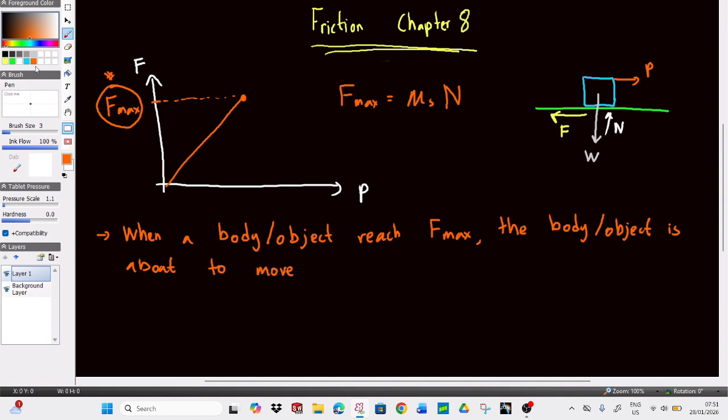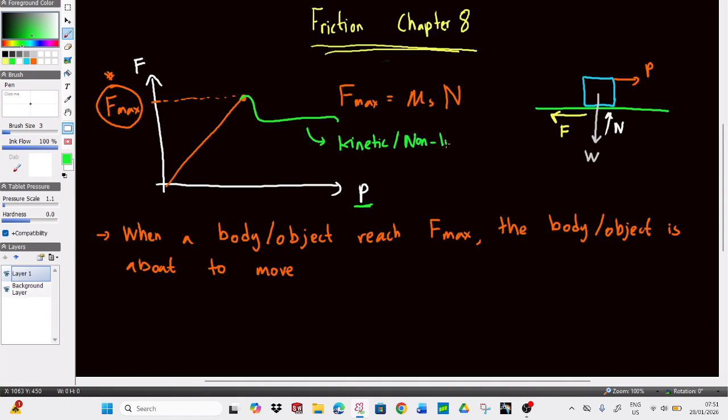As you've seen before, if you keep applying more and more of P, we've already seen the non-linear characteristic, which is what we call the kinetic or non-linear.